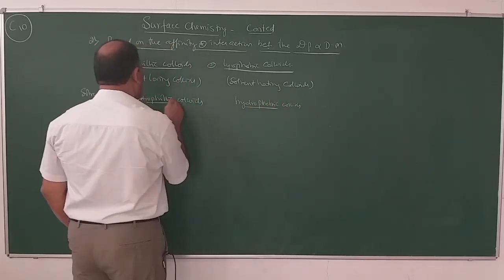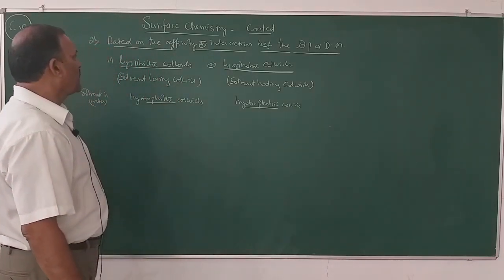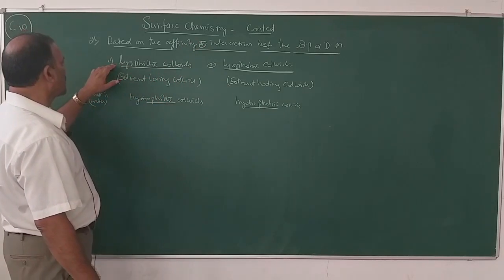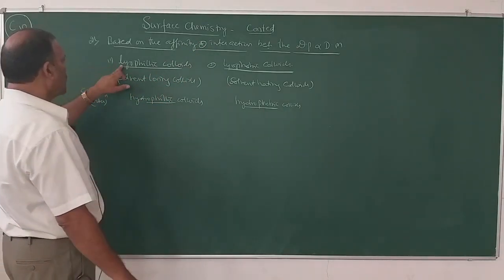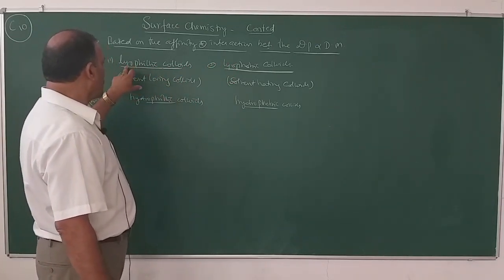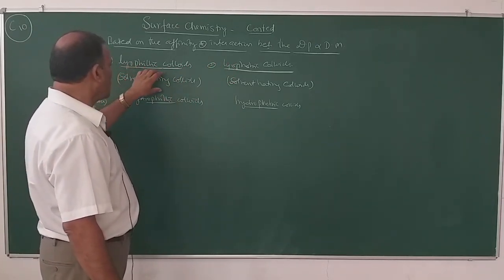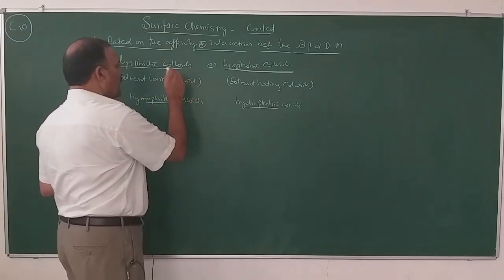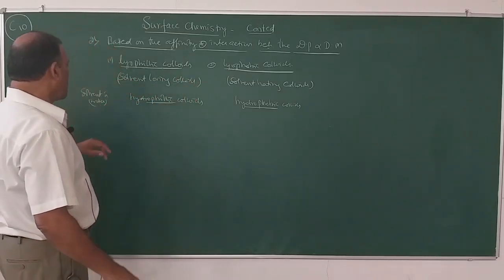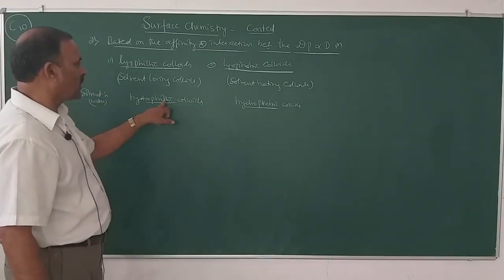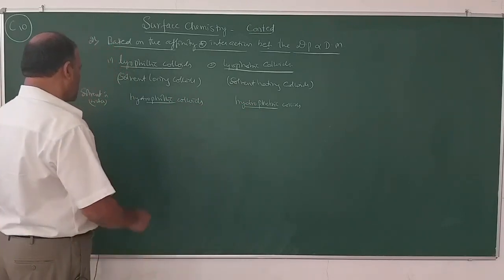So depending upon the affinity between the dispersed phase and dispersion medium, colloids are classified into 2 types. Lyo means solvent, philic means loving. Solvent loving colloids and solvent hating colloids. If the medium or the solvent is water, they are called as hydrophilic colloids, hydrophobic colloids.